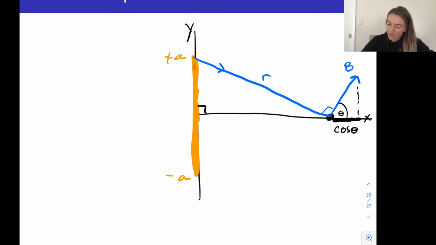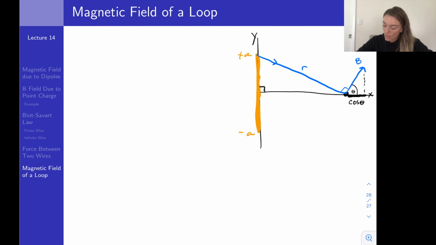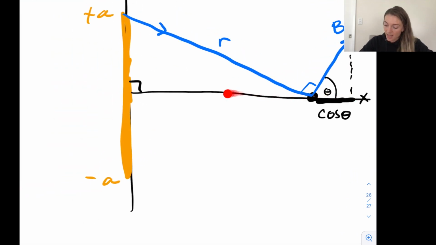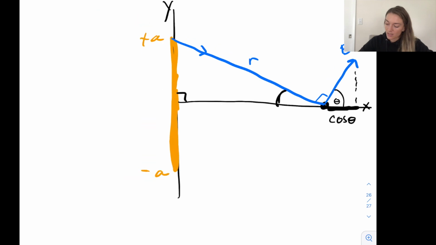So we know that this is a right angle, because R, the direction of R hat, and B have to be perpendicular. And we know that this is a straight line, so it has to add up to 180 degrees. So we can figure out this angle in here.